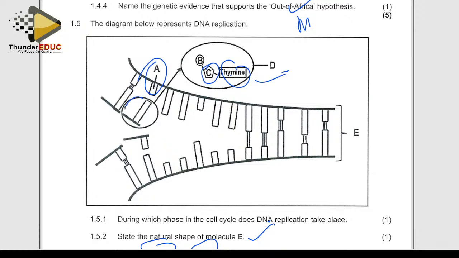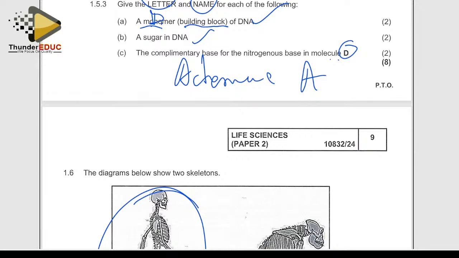And this one was obtained from this side. You see, the arrow is showing it was obtained from this side, therefore adenine. So that is it. Thank you so much.